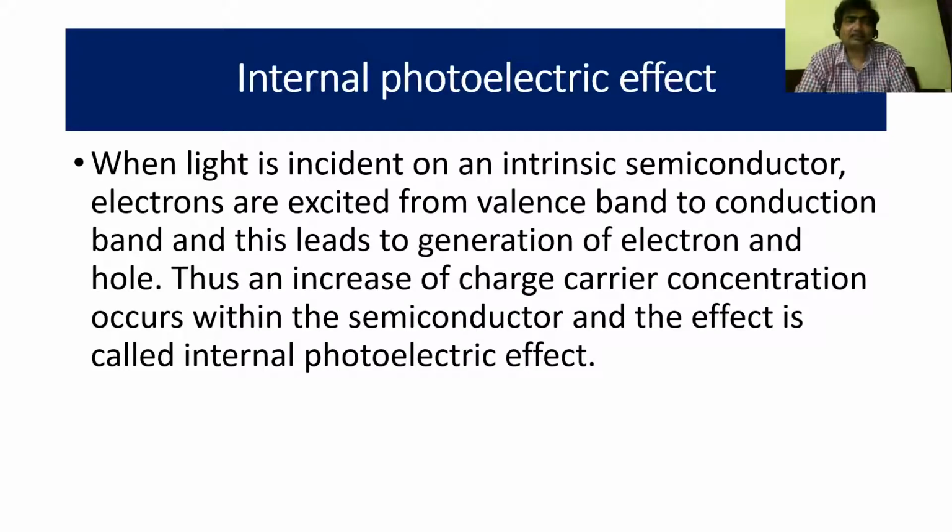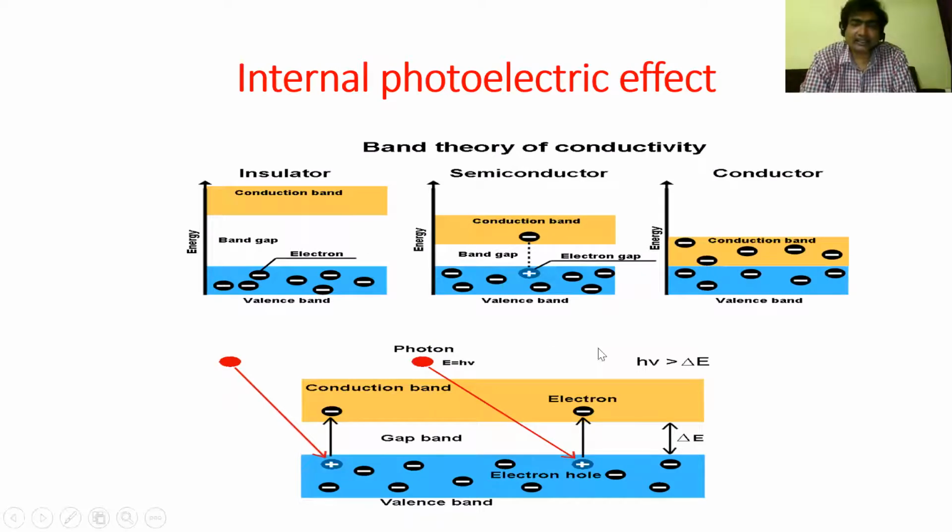PIN detectors work on the principle of the internal photoelectric effect. When light is incident on an intrinsic semiconductor, so this is an intrinsic semiconductor, these red dots are photons or light particles.